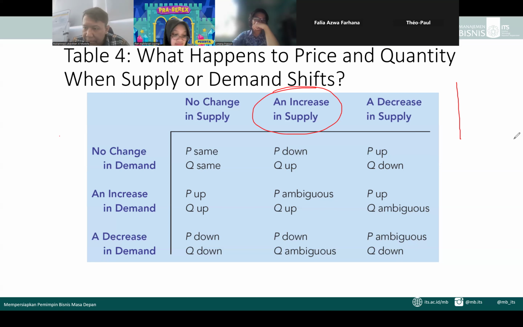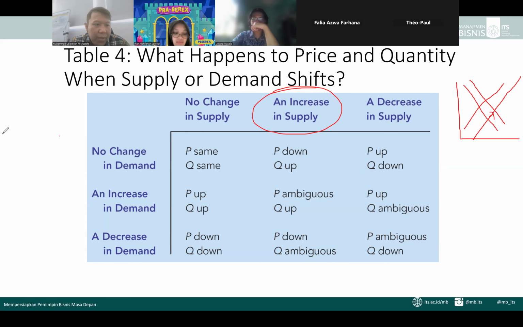Here, this is demand, this is supply. Then we have two shifts. The demand shifts to the right and the supply also shifts to the right.